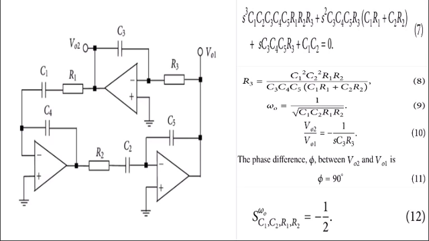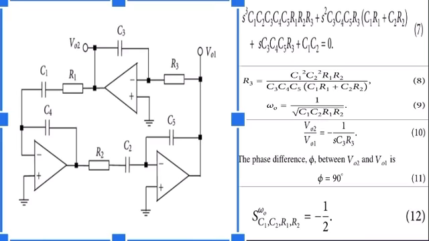As we did for circuit number 1, if we do the same thing for circuit number 2, we get R3 equal to C1 square C2 square R1 R2 by C3 C4 C5 into (C1 R1 plus C2 R2), which we give as equation number 8. From this, omega naught is equal to 1 by root over C1 C2 R1 R2, which is equation number 9. So from equations 8 and 9, the oscillation condition and the oscillation frequency can be controlled.